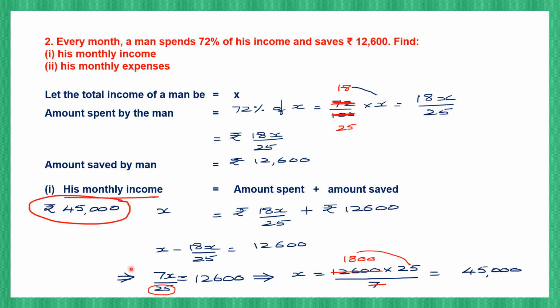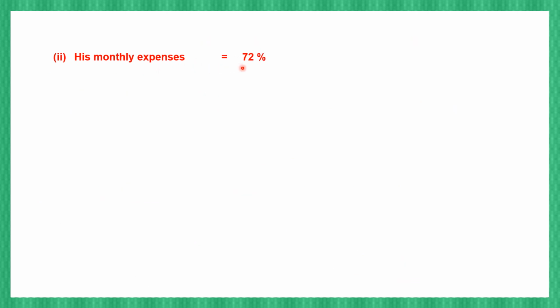So his monthly income is 45,000 rupees. Now the second part of the question is to find his monthly expenses. And monthly expenses, it's given in the question, is 72% of his income. Okay, so let's find that. So let's write 72% of, we just found out his monthly income, 45,000 rupees.